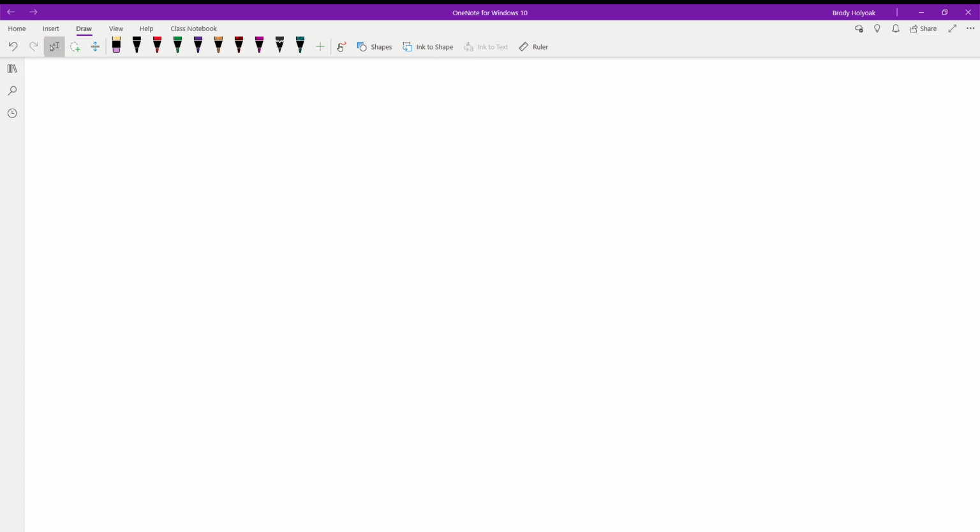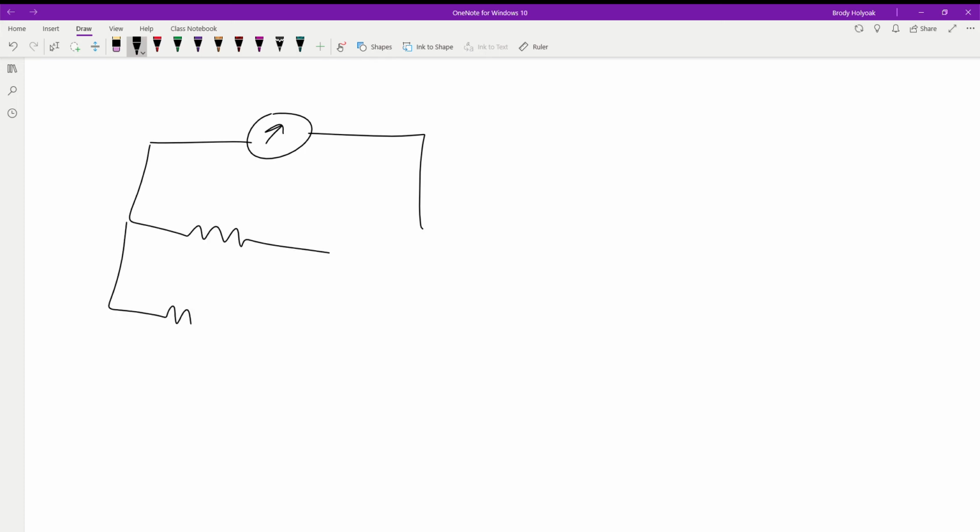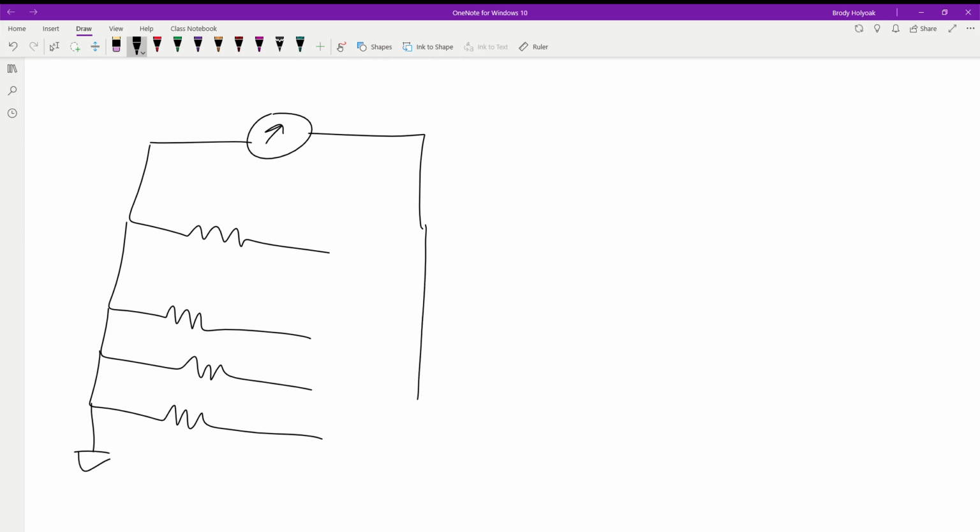Another thing we can do is build a current meter, using the exact same meter that you guys have in lab.